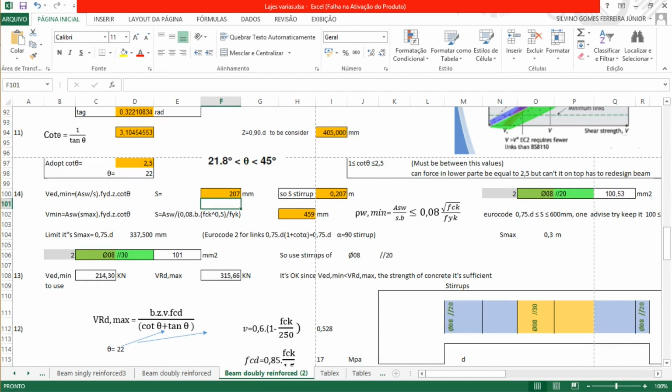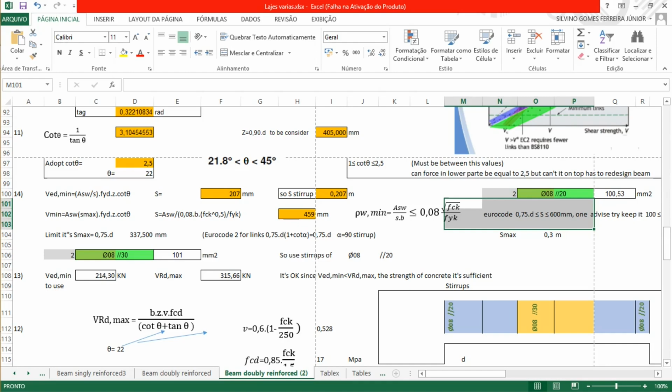So we know from the Eurocode that they limit the spacing of the links to 0.75 of the effective depth and to 600 millimeters. So even when we calculate this, it is different from the previous video where we adopted a diameter of 12 and we were spending too much, because it was giving us bigger spacing.